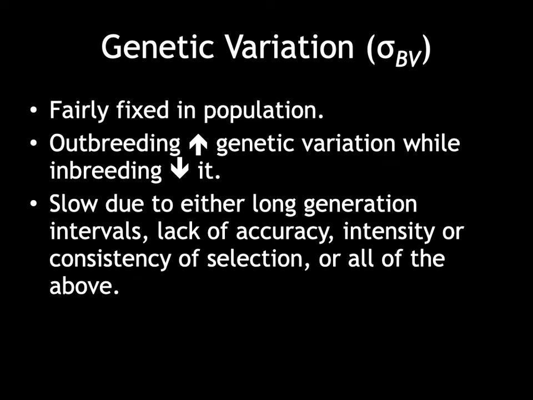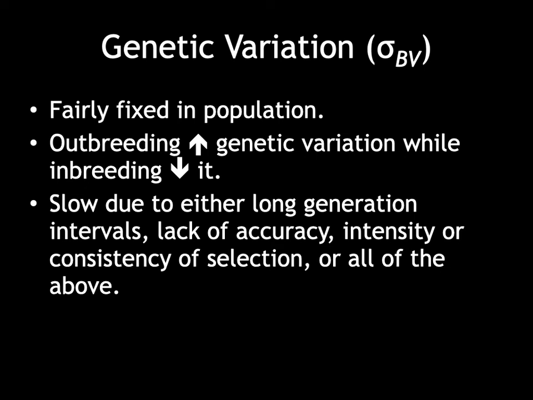The third factor in the key equation is genetic variation. Genetic variation is the variation of the genetic information that exists in one location in alleles that is available to be used in the breeding program. This is fairly fixed in a population, but in the case of outbreeding, it will increase genetic variation, and we know that inbreeding will reduce genetic variation among individuals in the population.